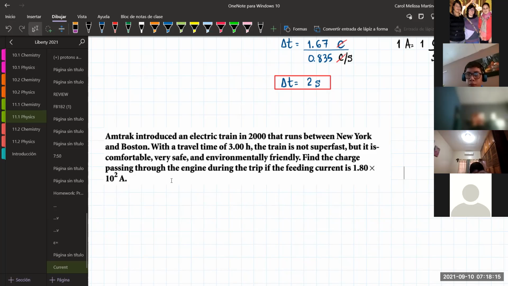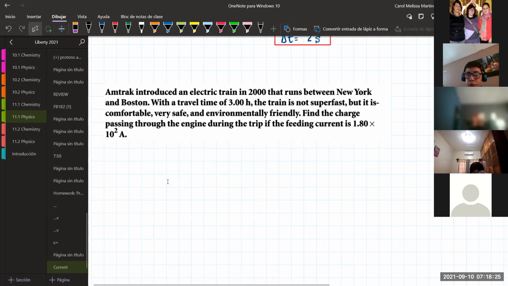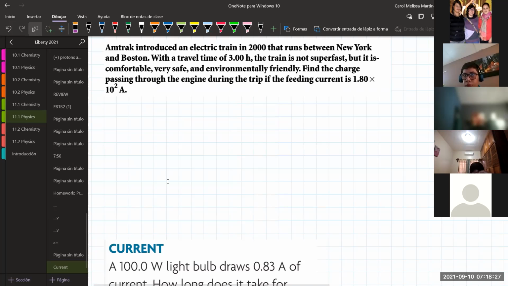The first part of the problem is just context, okay? A train between New York and Boston, but that doesn't help us to solve the problem. But they're giving me the total travel time, 3 hours, okay?